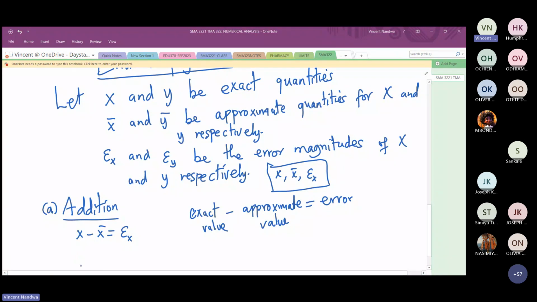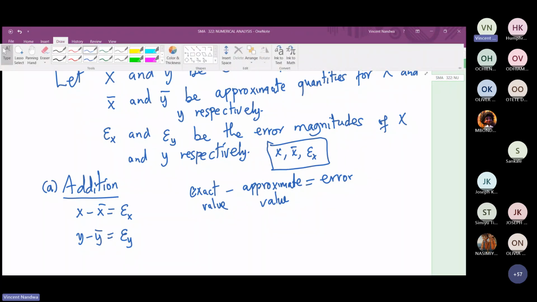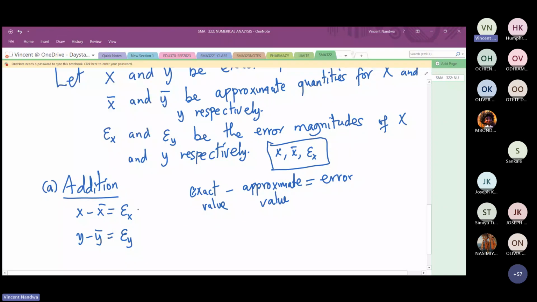Then similarly, Y minus Y bar gives us epsilon Y. That means the exact quantity of Y minus the approximate quantity of Y gives us the error in Y. Then from the definition, X bar alone is the same as X minus the error in X, and Y bar alone is the same as Y minus the error in Y. Call this equation 1, call this equation 2.